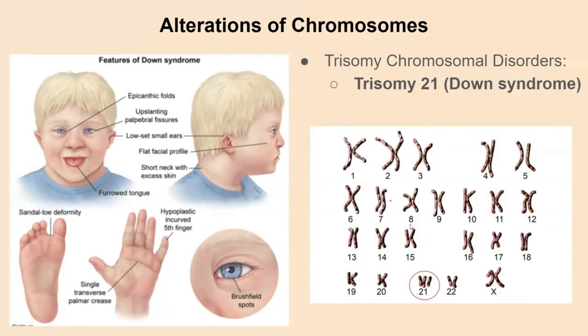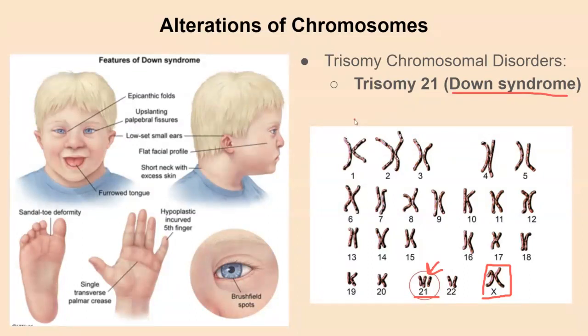If I look at this karyotype, everything appears normal. This is a female because it has 2 X chromosomes, but if I look right here, we have something called trisomy 21. So this is a polyploid trisomy 21, also known as Down syndrome. Down syndrome can cause cognitive delay.